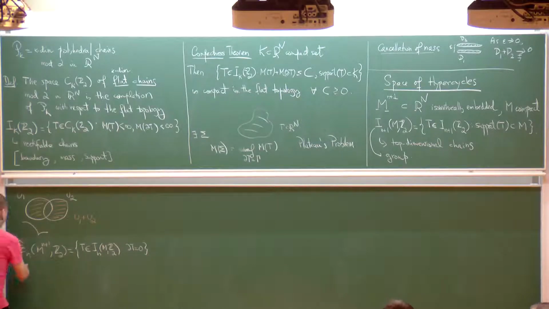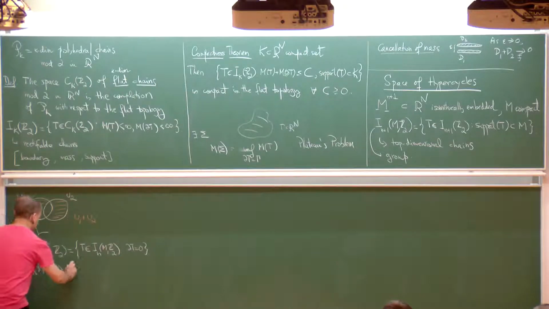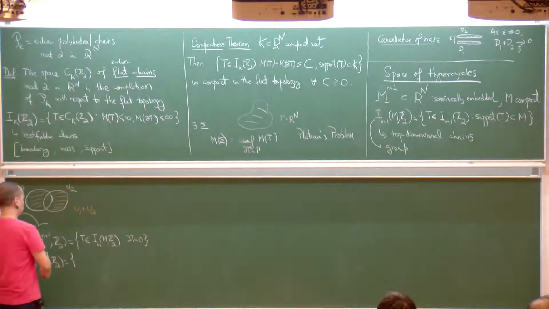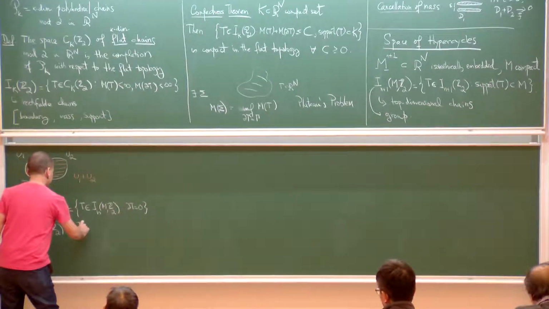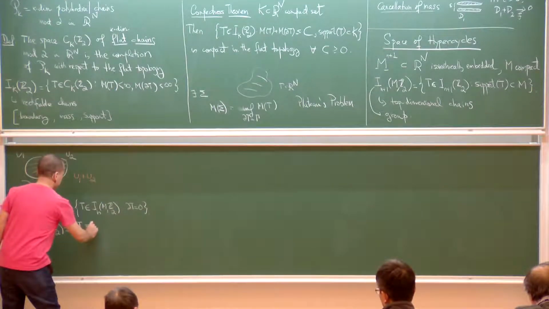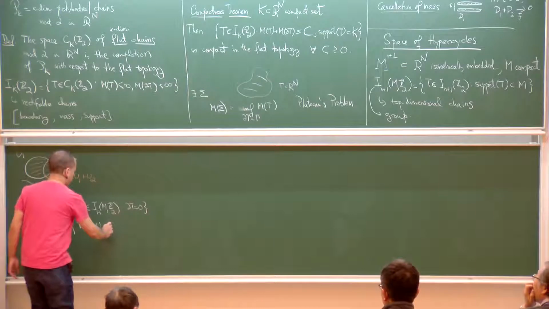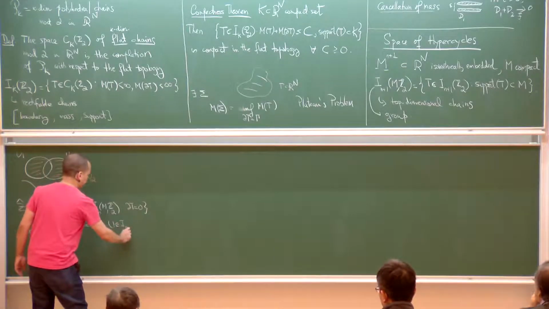But actually it's more convenient to consider the following subspace, where I drop the hat. This is going to be the space of all T's such that T is the boundary of U, where U is a top dimensional chain.